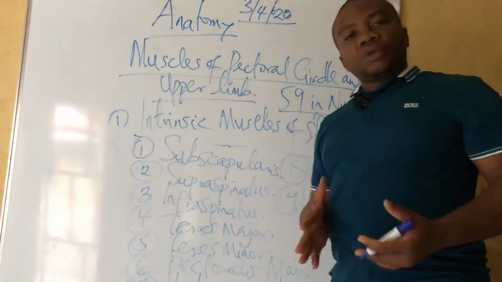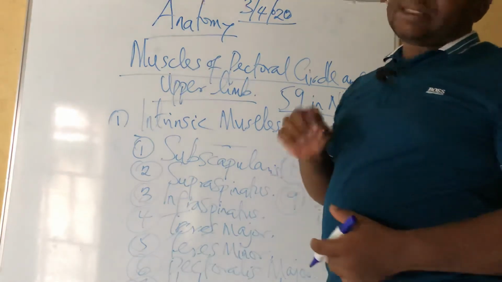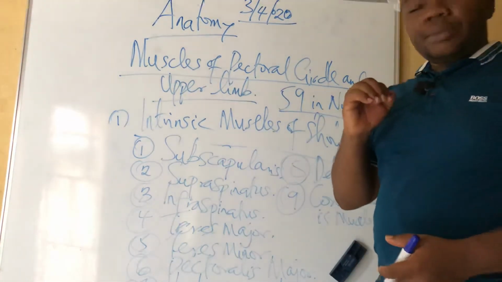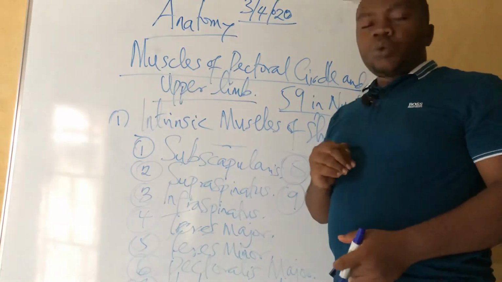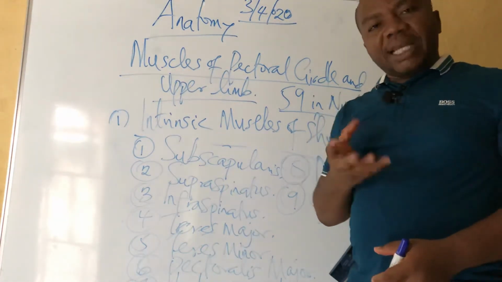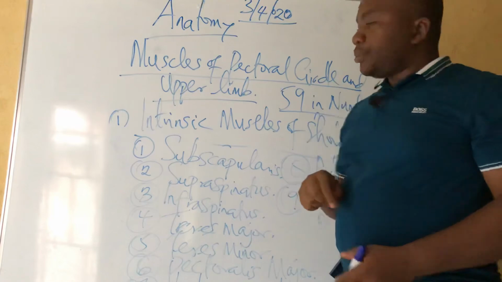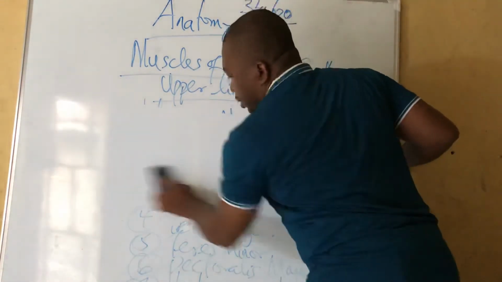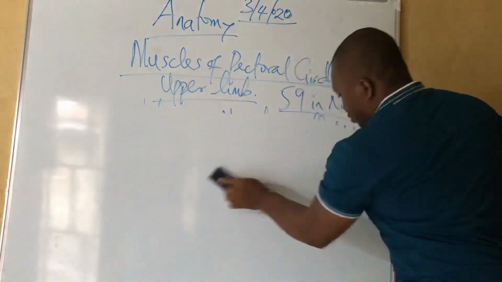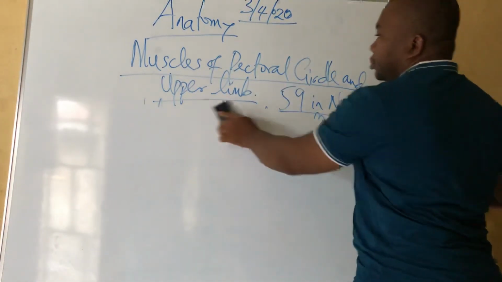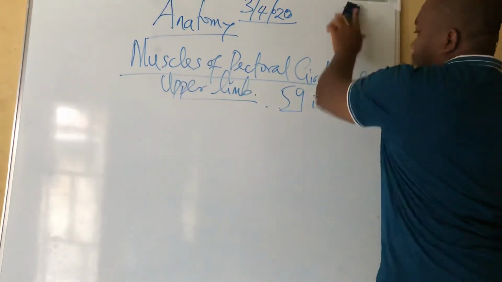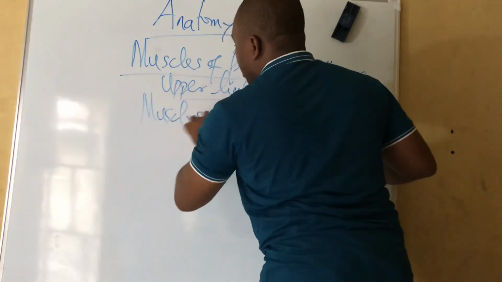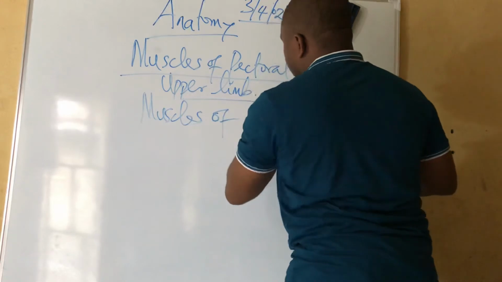Then the next group of muscles are what I call the muscles of the arm, which is the compartmentalization of the arm. Look at the muscles of the arm.